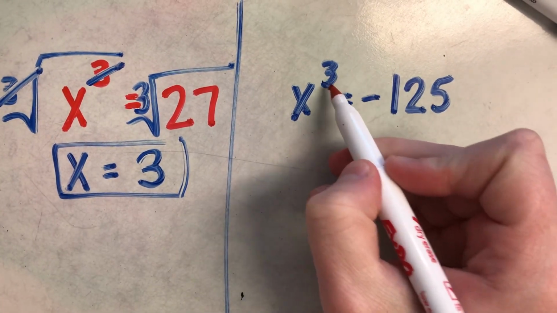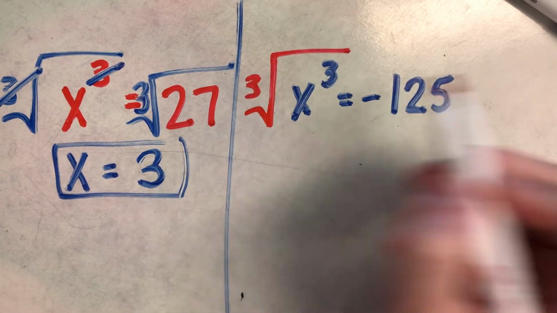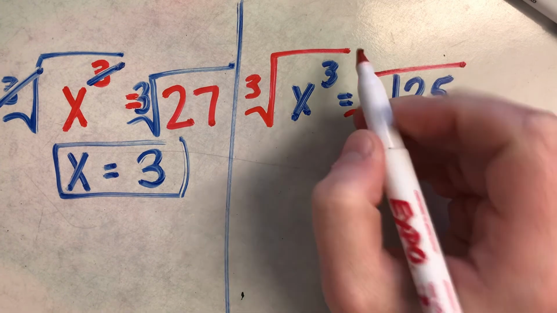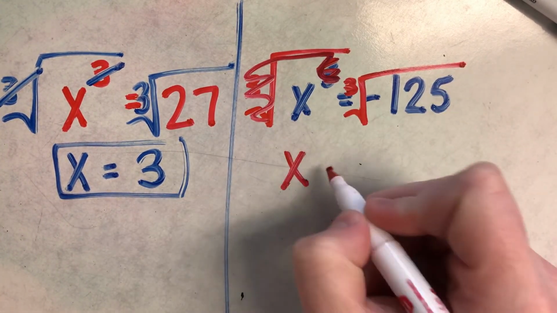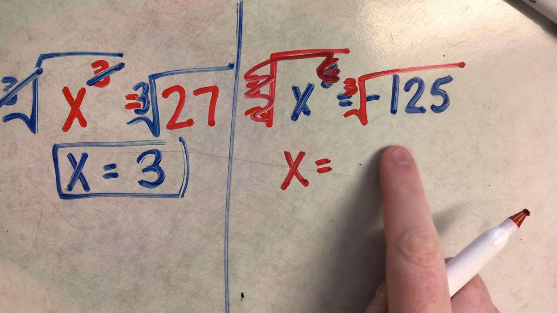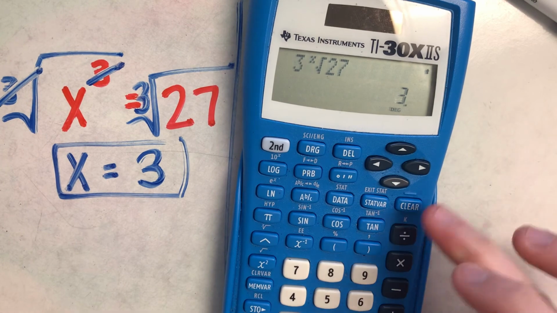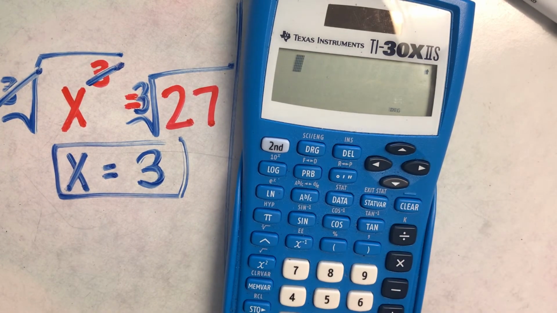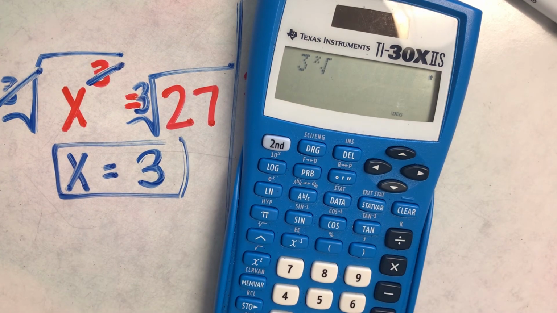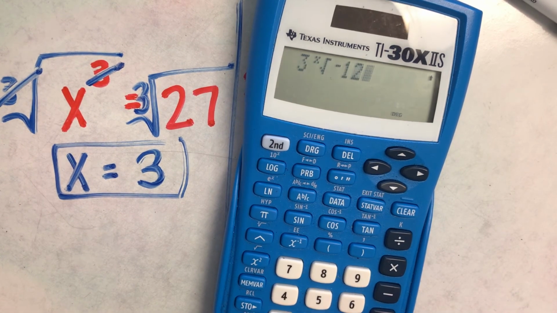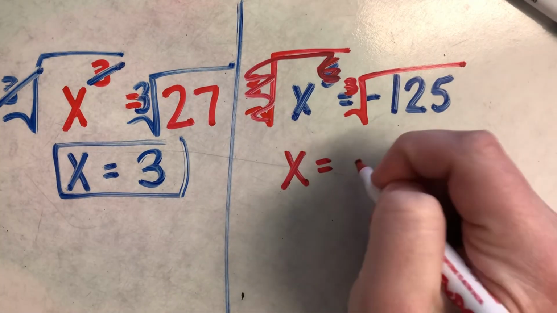To get rid of that third, I have to take the cube root, take the cube root over here, and we already know this is going to cancel, so I have x equals, and all you have to do is type that in. So once again, I'm going to cover it up for a minute. 3, second, caret, negative 125, and that gives us negative 5. So x is equal to negative 5.